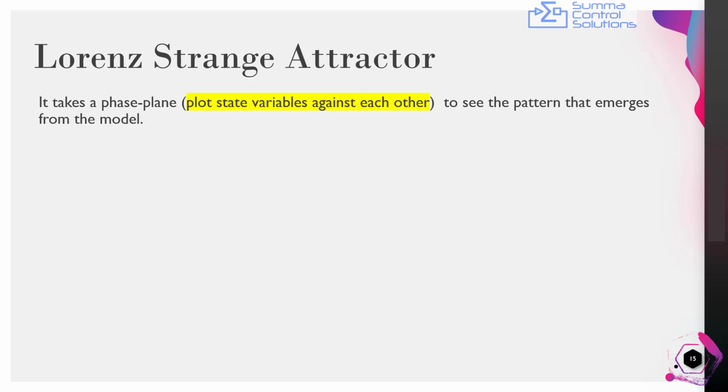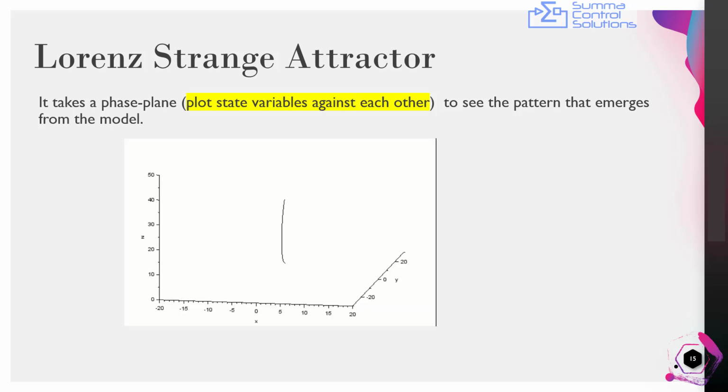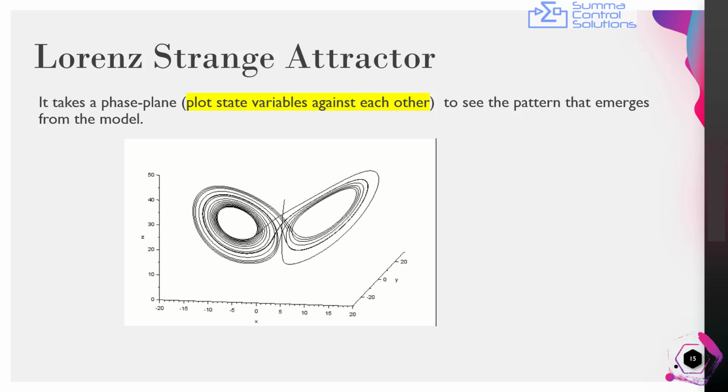But once we use a phase plane instead of a time domain based drawing, we can see that a pattern emerges. This pattern is known nowadays as the butterfly. And by the way, a phase plane means that instead of using time to show the evolution of a variable, the different state variables are plotted against each other.